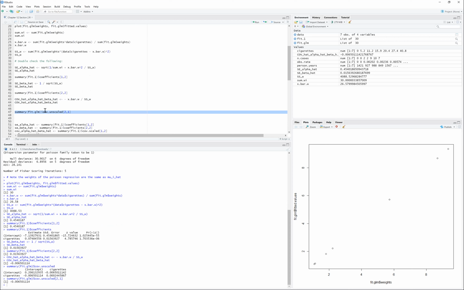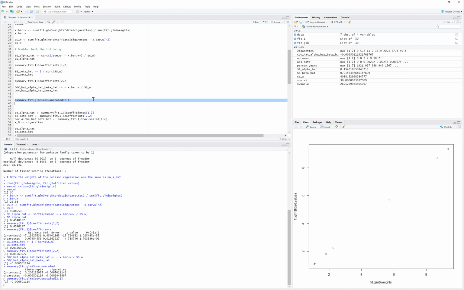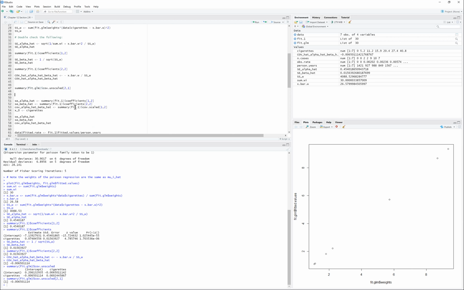You can either hard code these equations 12.15, 12.16, and 12.17 into R, or you can use the custom built-in functions, which someone else had to hard code the equations for. Okay, so here we get the standard error for alpha hat, beta hat, the covariance of alpha hat and beta hat, and x0, which are the cigarettes.